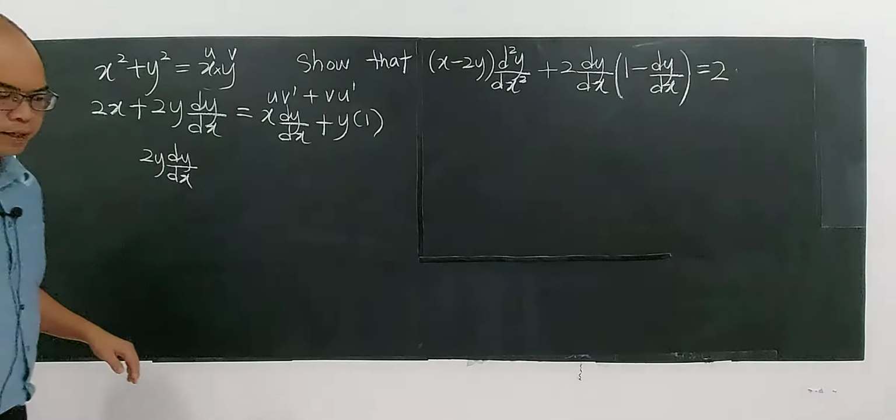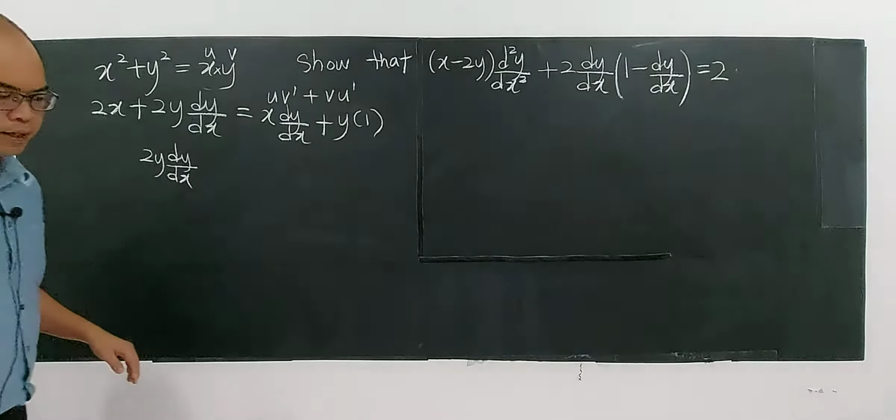So that's why I continue by writing this as x dy/dx minus 2y dy/dx. I bring everything to the other side, except the 2x.